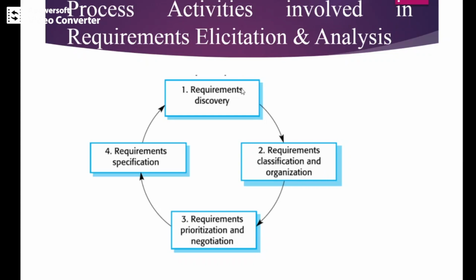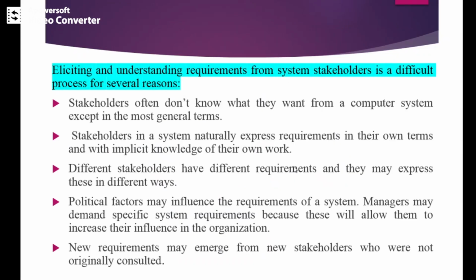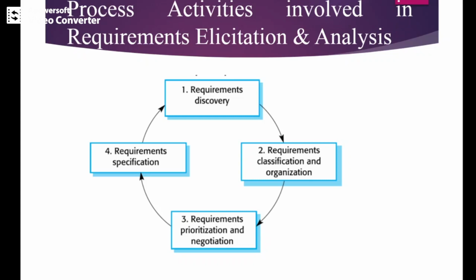Whatever requirements you have discovered or collected needs to be put into a structured way. So you go for classification, grouping them into related requirements, and then organize them into coherent clusters.